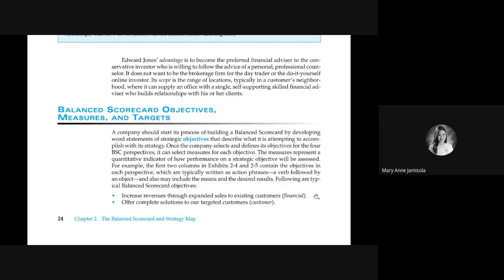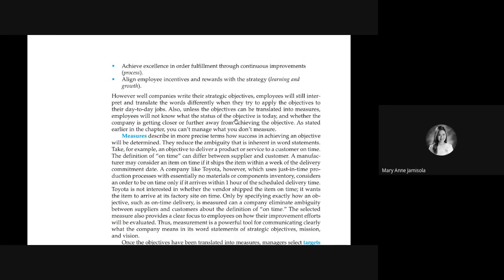And then for customer perspective, an example could be offer complete solutions for our targeted customers. For process perspective, an example could be to achieve excellence in order fulfillment through continuous improvements. And then for learning and growth, an example could be to align our employee incentives and rewards with our strategy.